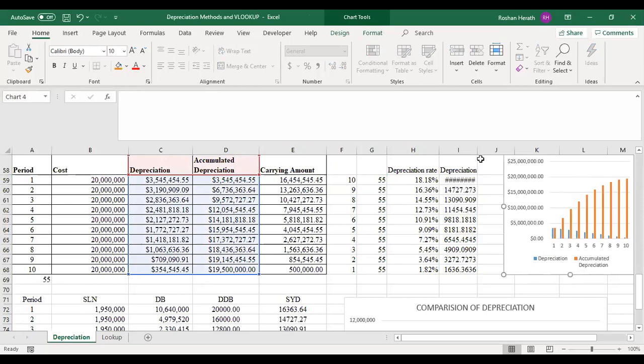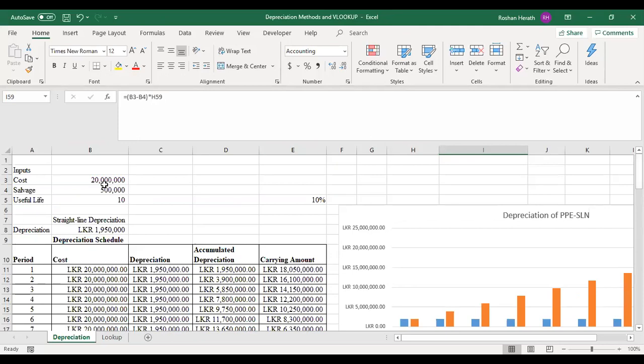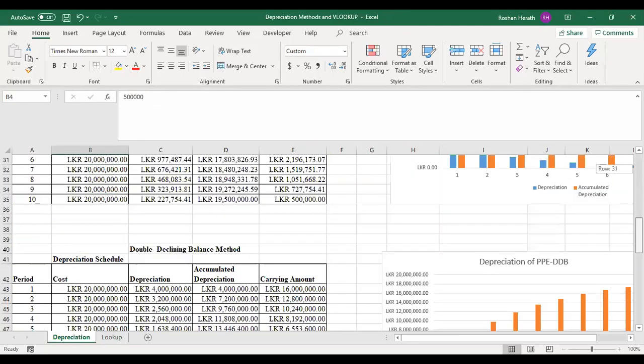Here I have worked out the depreciation rate simply by dividing that, and thereafter you would be taking B3 over here minus B4. Yeah, B3 is the beginning of the formula, B3 minus B4. As I said, the depreciable amount is taken, and thereafter you would have done the depreciation.